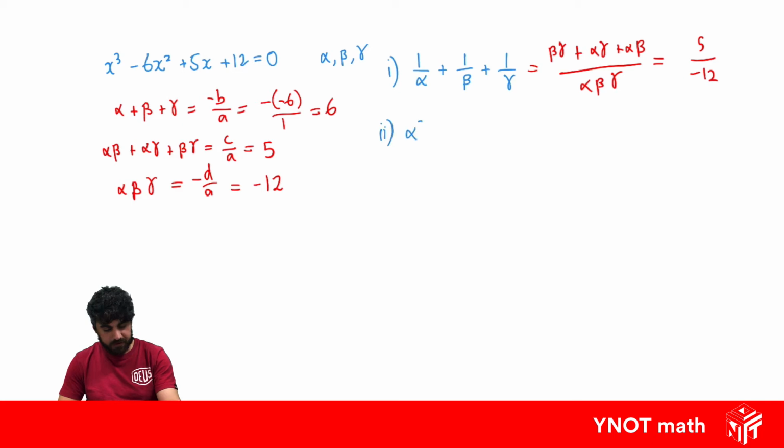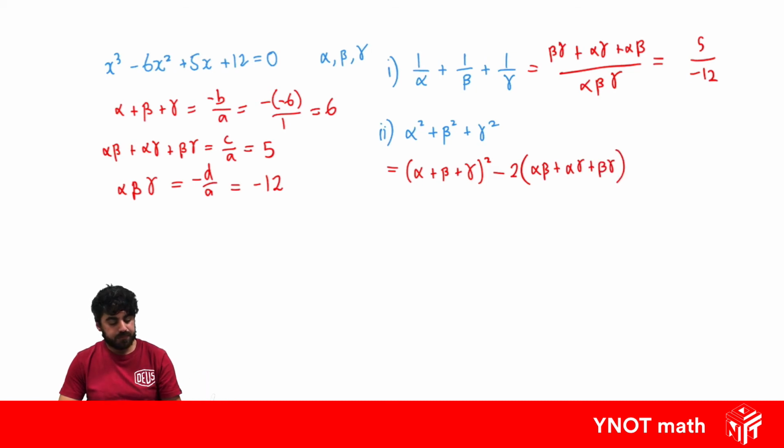What about alpha squared plus beta squared plus gamma squared? Well, just like the quadratic equation, this is actually just going to be alpha plus beta plus gamma all squared minus 2 times alpha beta plus alpha gamma plus beta gamma.